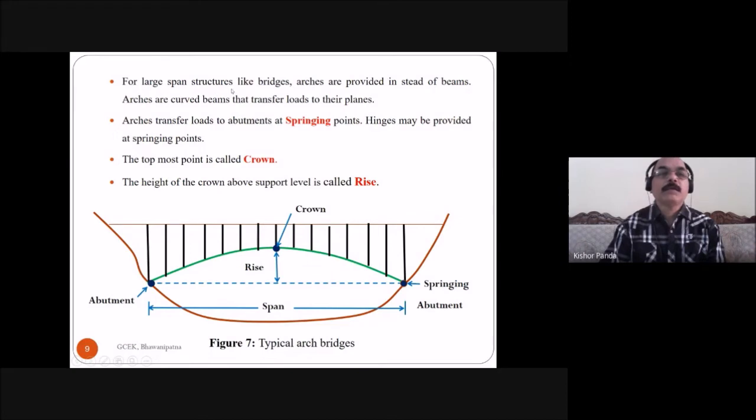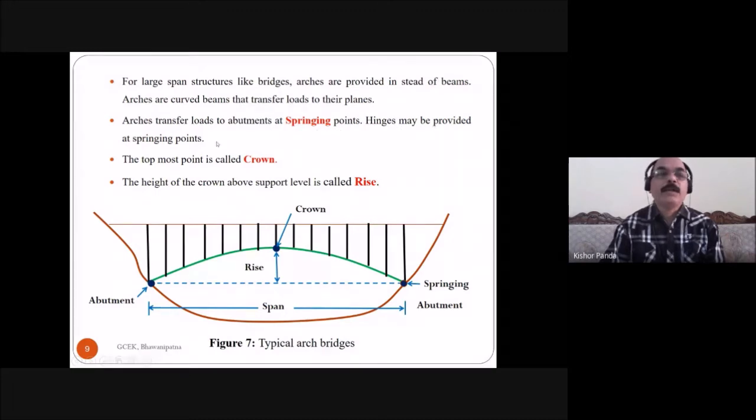For large span structures like bridges, arches are provided instead of beams. Arches are curved beams that transfer load in their planes. The load is transferred from springing to abutment. Arches transfer load to abutments at the springing points.